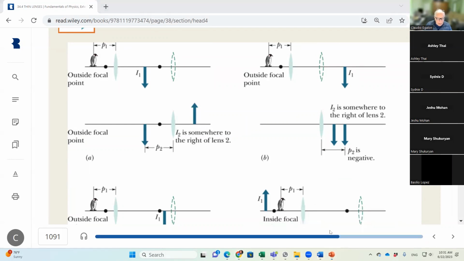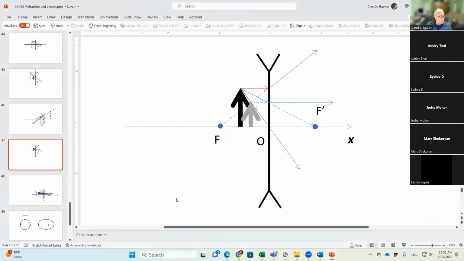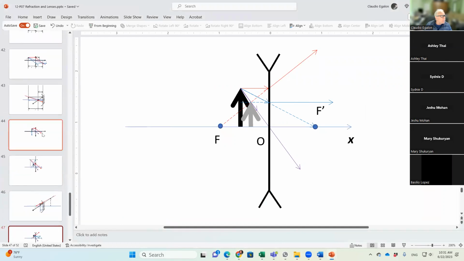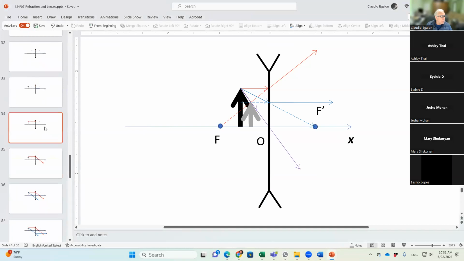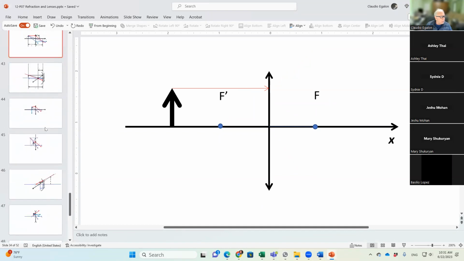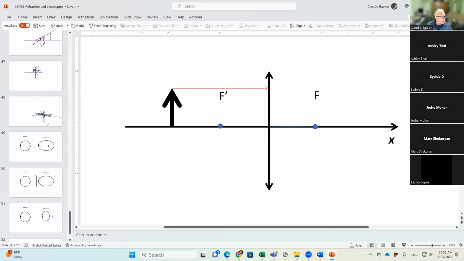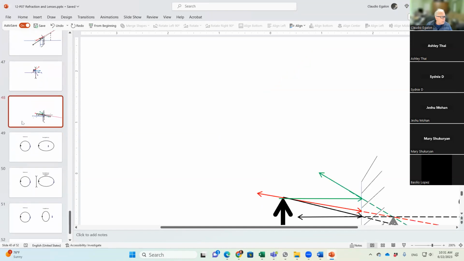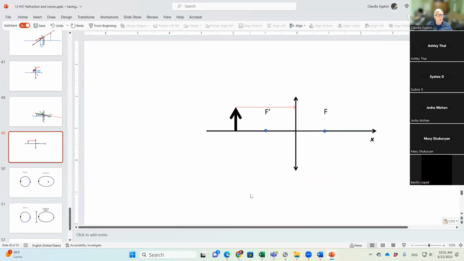I'm going to do it here in my PowerPoint slide. I'll copy this one here. I'm going to do it right in here. Right, system of two lenses now, and then I'm going to zoom out.